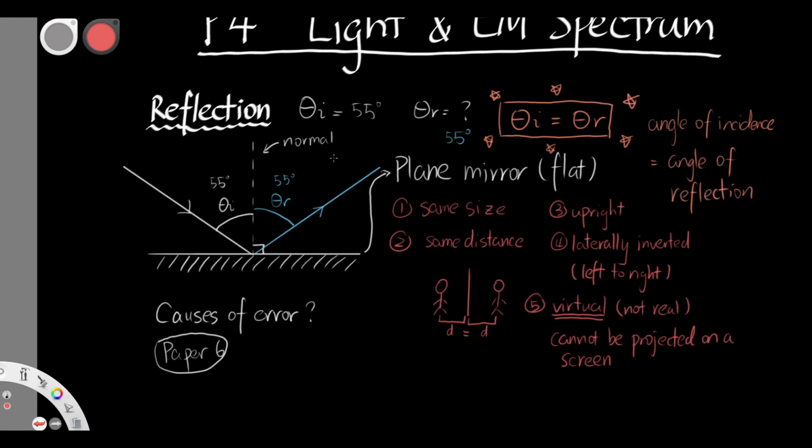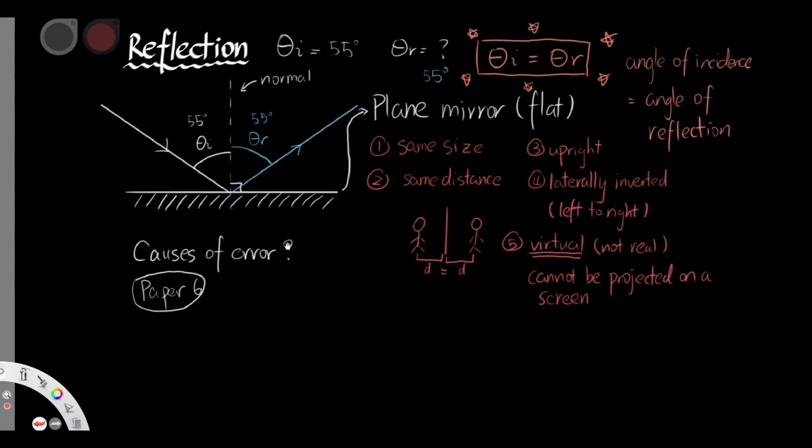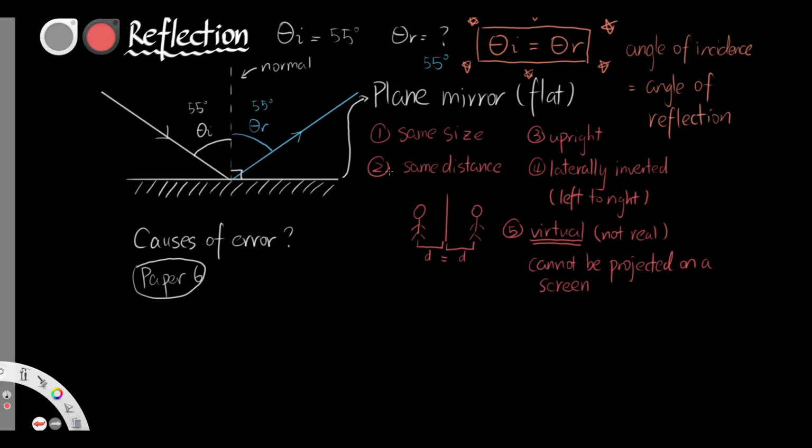some causes of error for this experiment might be, first of all, the thickness of the mirror. We know that only in a very ideal mathematical situation would the mirror actually be a straight line.